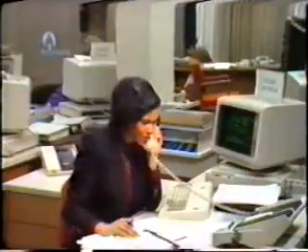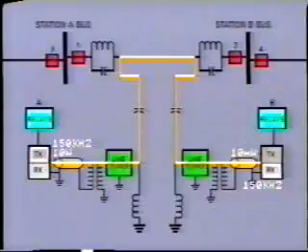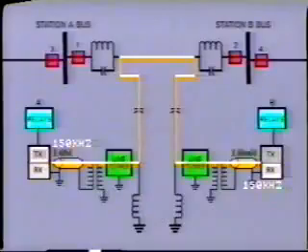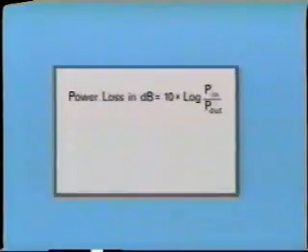As used on carrier systems, the dB is actually a ratio comparing signal power into a circuit with power out, and by implication, an indication of loss. The expression is power loss in decibels equals 10 times the logarithm of the ratio power in over power out.